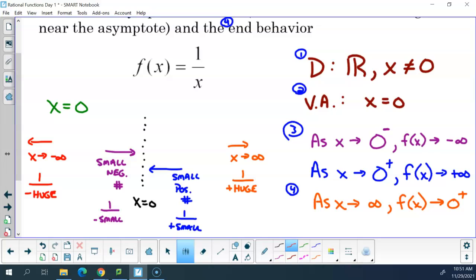So that's going to go to 0. But from above or from below? Below, because now I got a positive divided by a negative, right? So that one's going to be as x approaches negative infinity, f of x is approaching 0 from below.